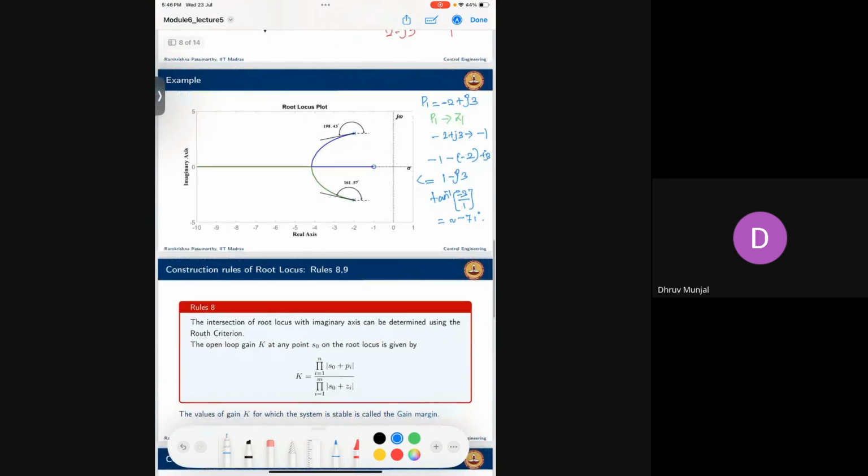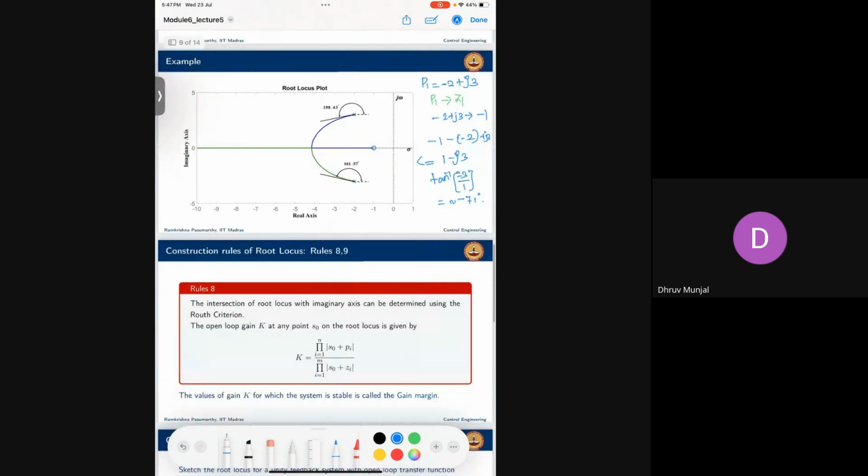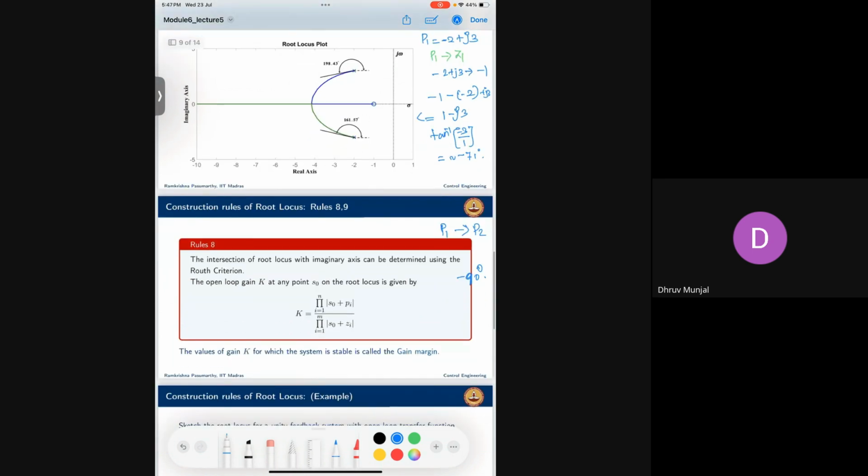Right? Similarly, from point P1, I am going to calculate it to P2, the other conjugate pole. That you know is straight minus 90 degree or 90 degree, whatever way you are considering. I am considering the inner pole, so it is minus 90 degree. Just whatever way you are following, just stick to that. Now that's it. Only one zero and one excess pole is there.